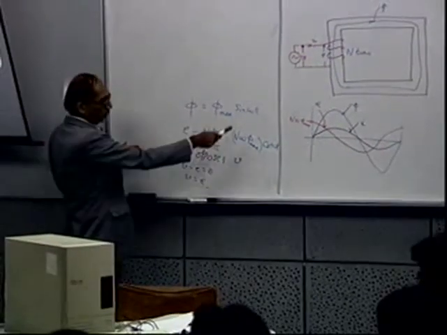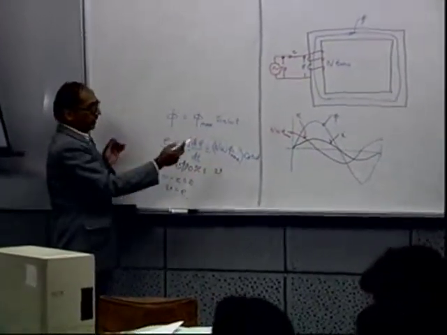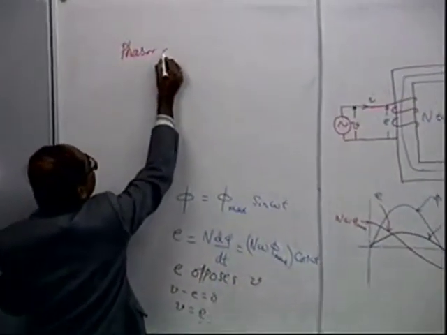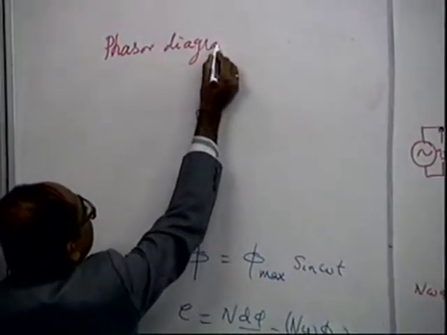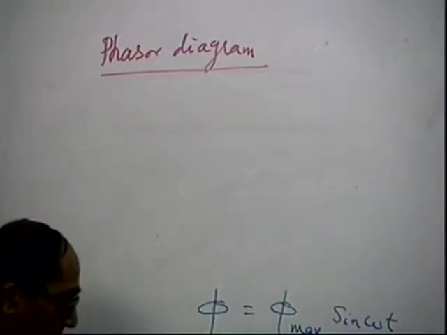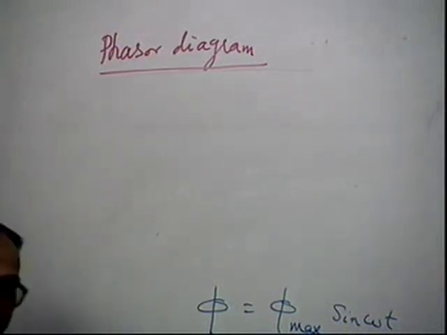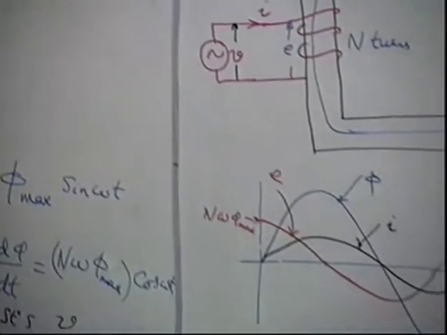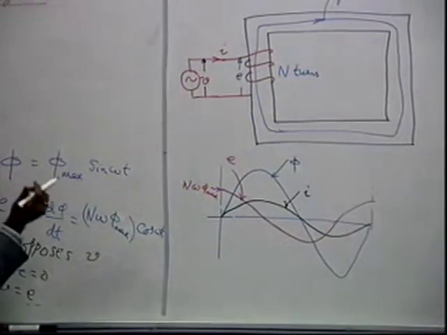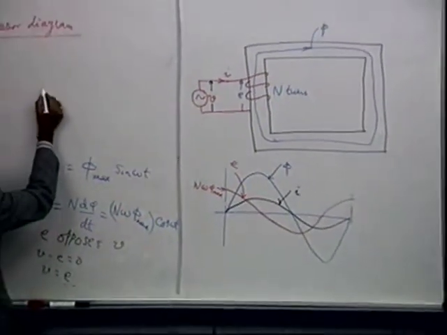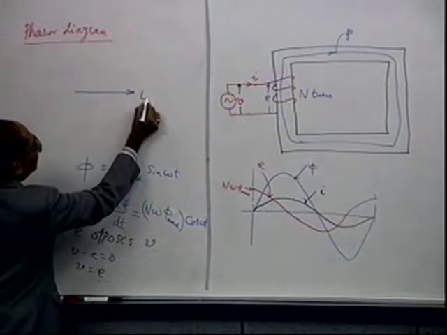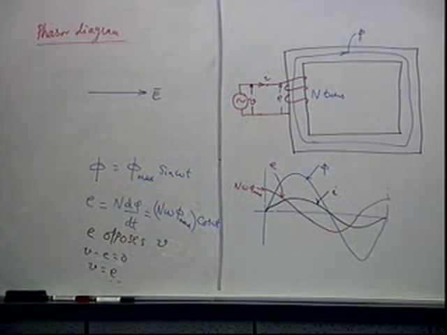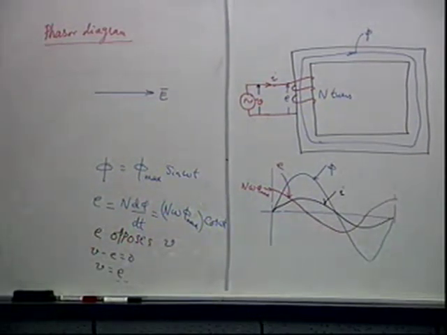Okay. Now if you look at this, you can draw their phasor diagram. Supposing you have the E phasor, where will be the phi phasor?